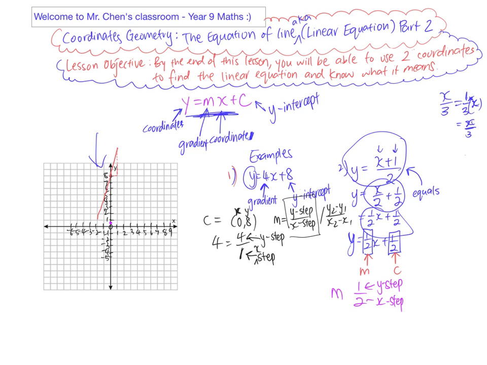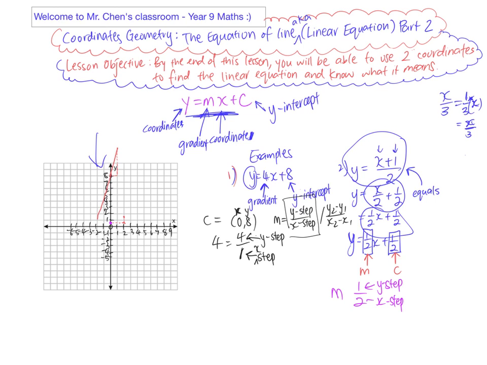I will use a different color. I'll move twice. There you go. So I stop here. And then I have to move up 1. So half, I need to move up 1. Again, one grid stops in the middle there, because half and half joined together become 1 grid.